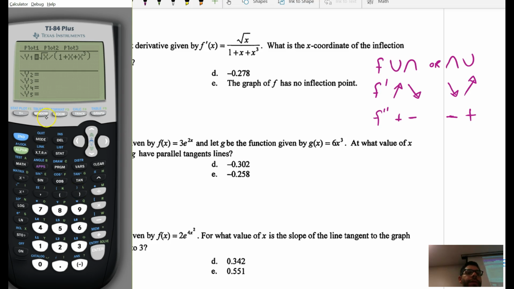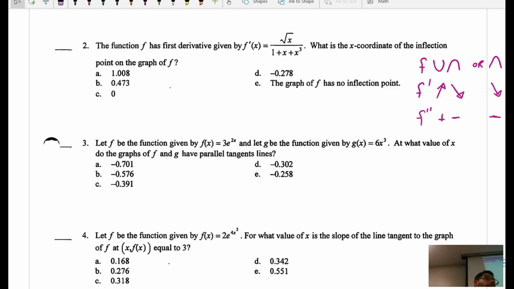And before I hit graph, I'm going to go to the window. What x values do we want to see? Negative 0.5 to 1. Why do you say that, Hillary?